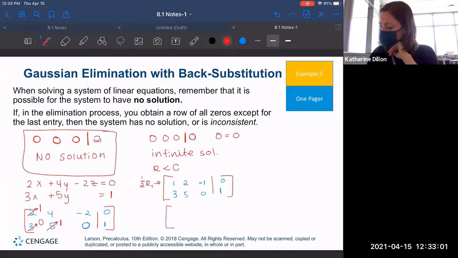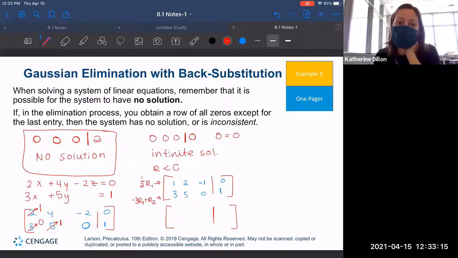In order to make that 3 become a 0, I need to take negative 3 times row 1 plus row 2. That's going to become my new row 2. So I can do that work over to the side if I want. Negative 3 row 1 plus row 2 becomes my new row 2.